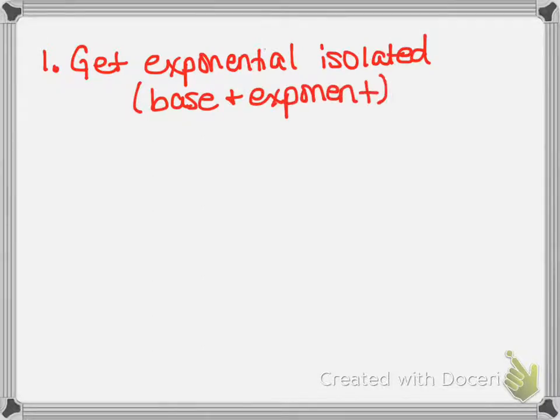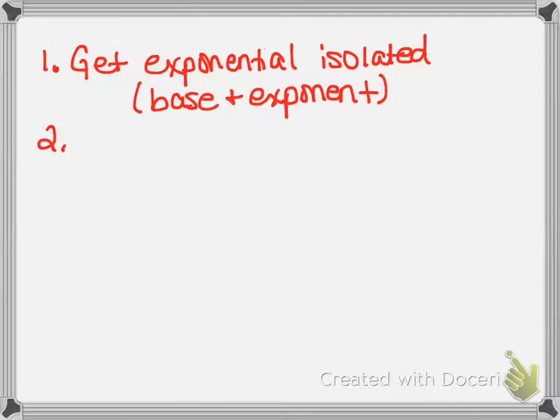So if there's anything multiplied to it, we have to move it. Anything divided, anything added or subtracted, all of that has to be moved. And this is actually the same step that we've taken before. We had to isolate our square roots to solve our square root equations. We had to isolate absolute value to solve our absolute value equation. So we've seen this before.